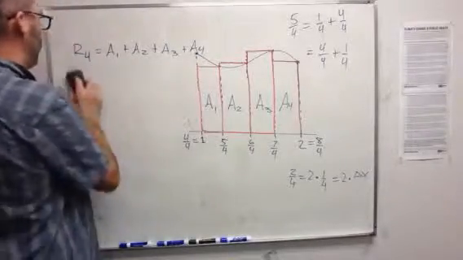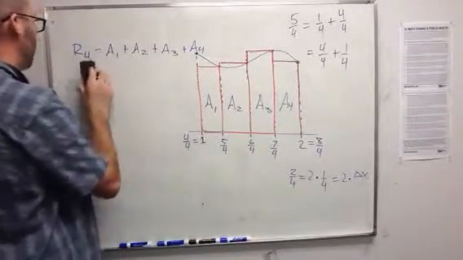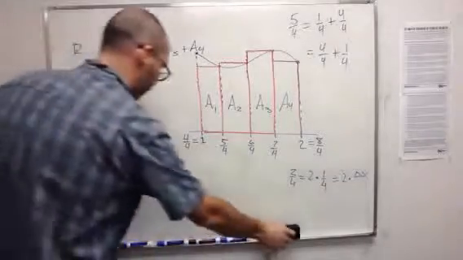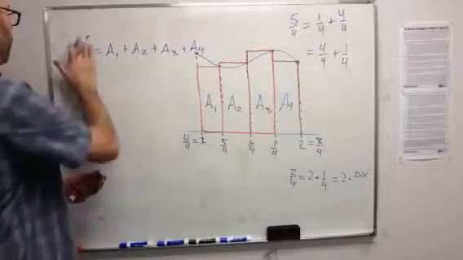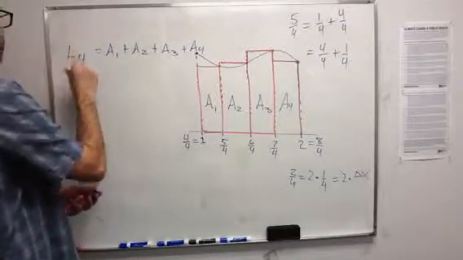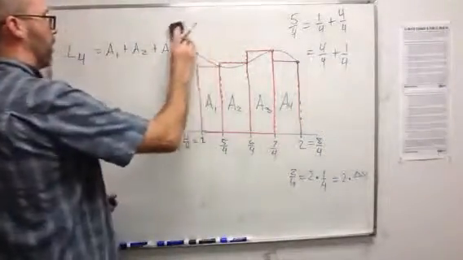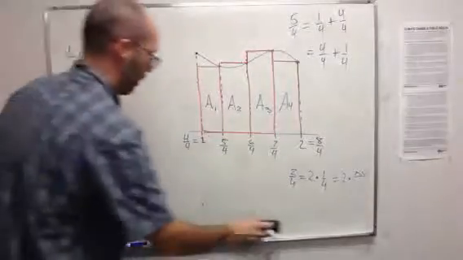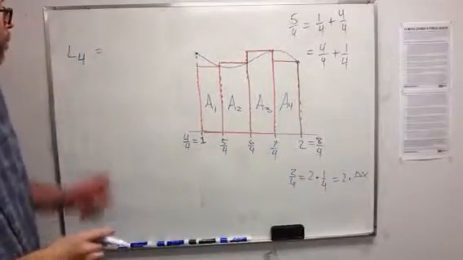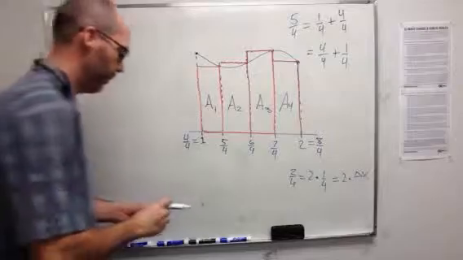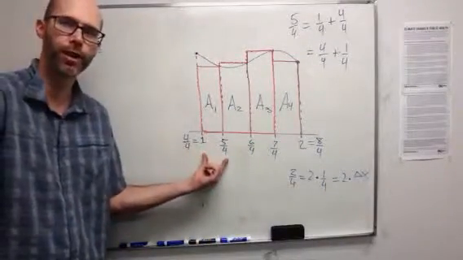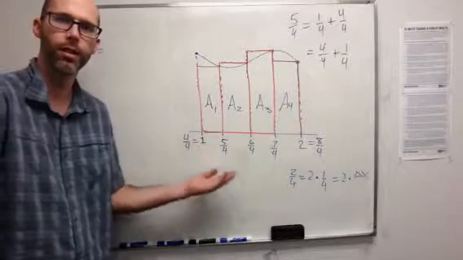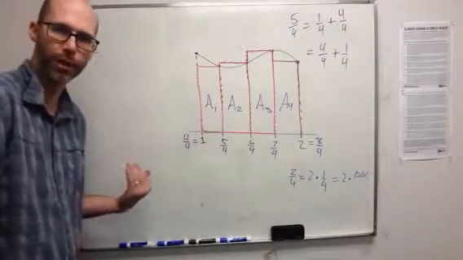Now, what about L4? For L4, we're still going to add up these areas, but now the height of our rectangles is f of the leftmost endpoint.